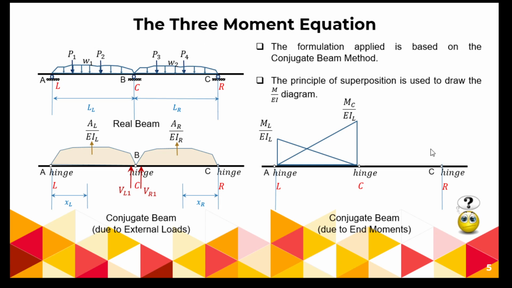How about sa right span? So, sa right span naman, we have the moment just to the right of B here. The moment value of that would be moment sa C over EI. Then, ang moment na naman sa right side is moment sa right, that is this shear here times the distance would give you this.